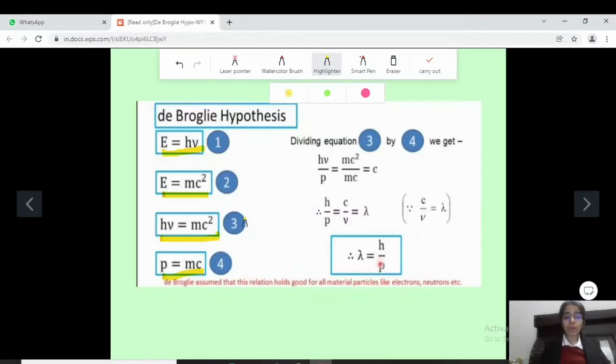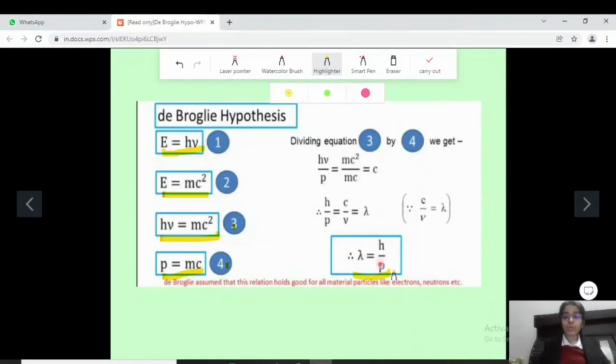If we divide the third equation by the fourth equation, we get h nu by p equals mc square by mc. On cancelling, we get c on the right hand side, so h by p equals c by nu. We know that wavelength lambda is given by c by nu, so finally h by p equals lambda.